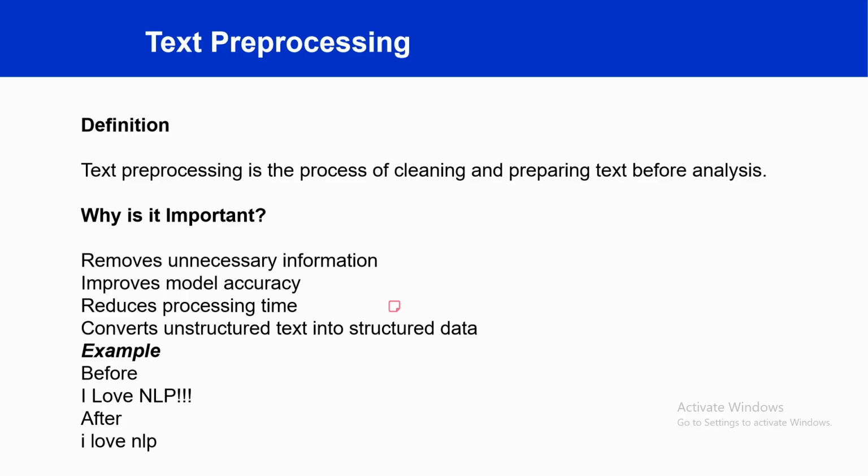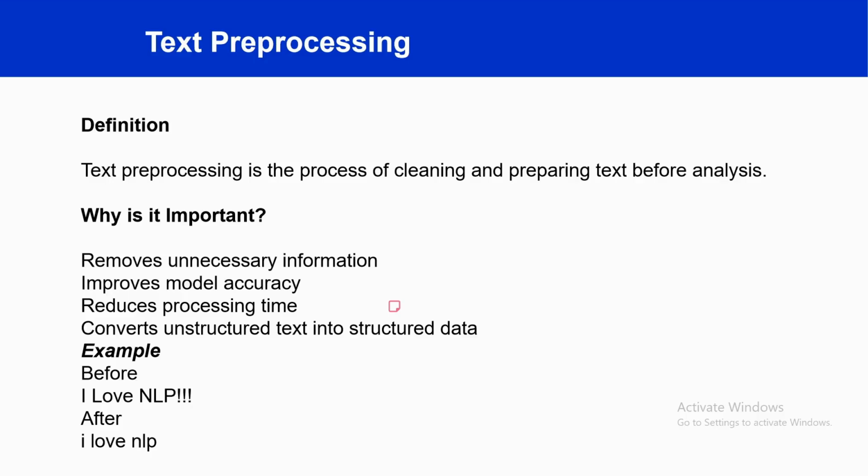For example, look at the sentence, I love NLP. Although humans understand it easily, a computer treats uppercase letters, punctuation, and lowercase letters differently. So after processing, the sentence becomes i love nlp, converted to lowercase letters. Now the text is cleaner and more consistent.